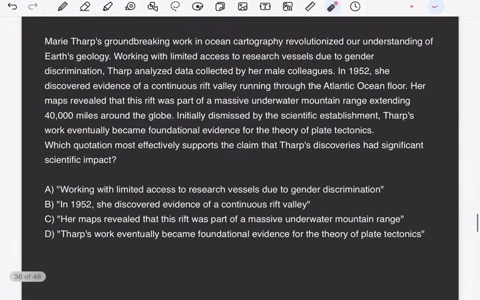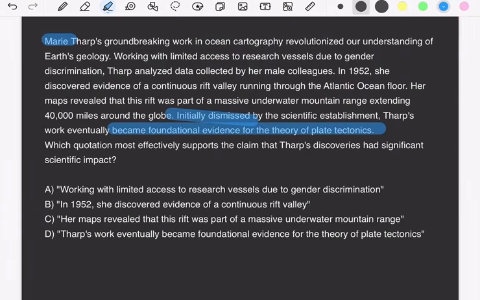Okay, so let's again go to the question. We have gone through it, and the main claim is that Tharp's groundbreaking work was initially dismissed, and later it became foundational evidence for the understanding of scientific phenomena, right? So let's look at our options.